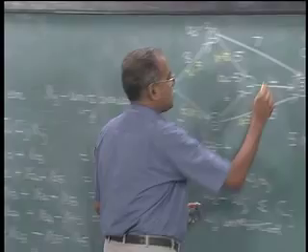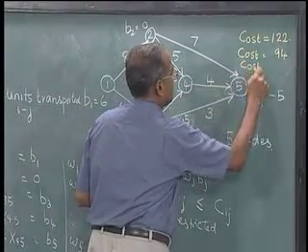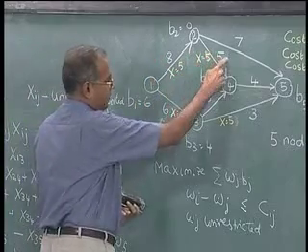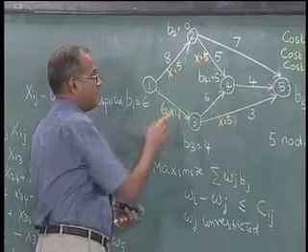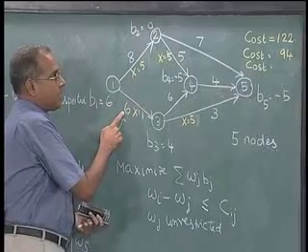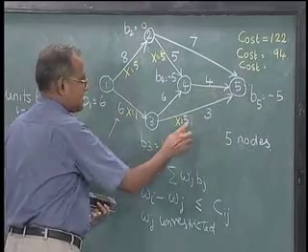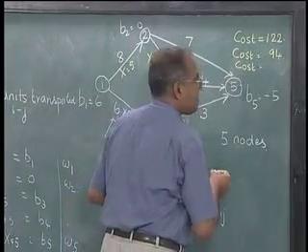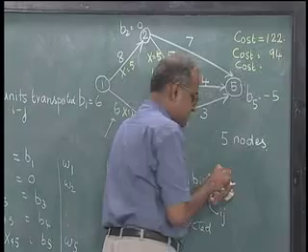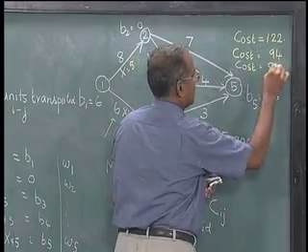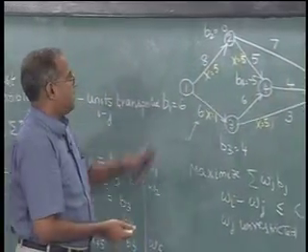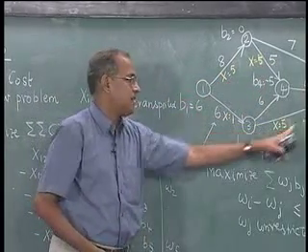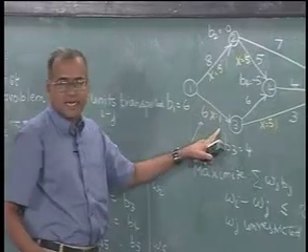Now, the cost associated with this will be 8 into 5, 40, 5 into 5, 25, which is 65, 65 plus 15 is 80, 80 plus 6 is 86.